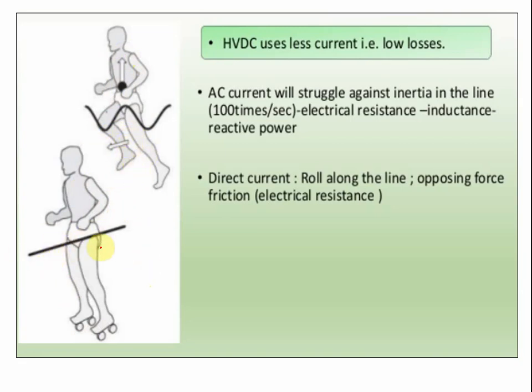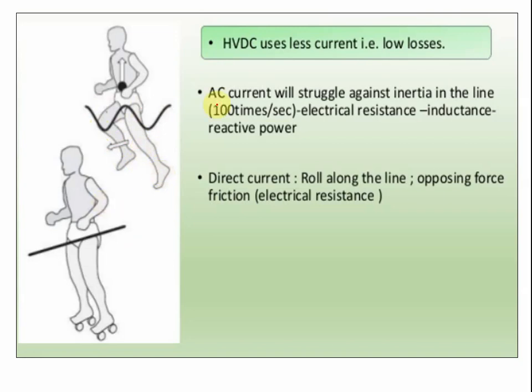The magnitude of the first person's motion is constant, but the magnitude of the second person's motion is going to change, because at every instant of time his leg positions change, and due to that the magnitude changes.